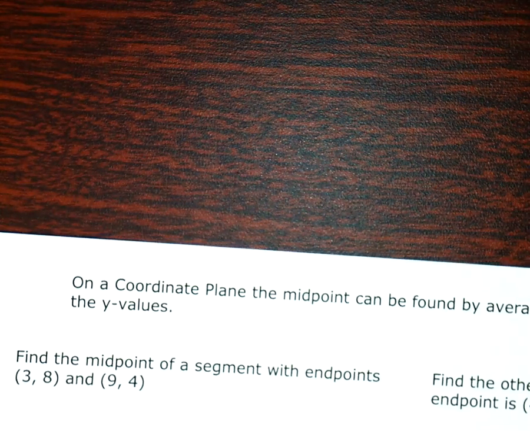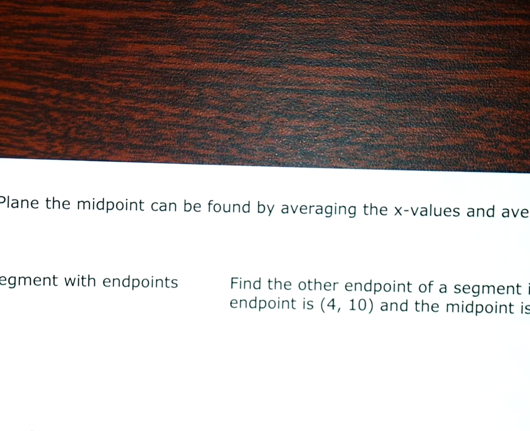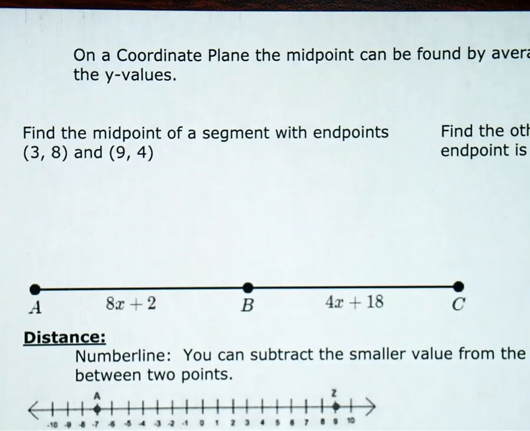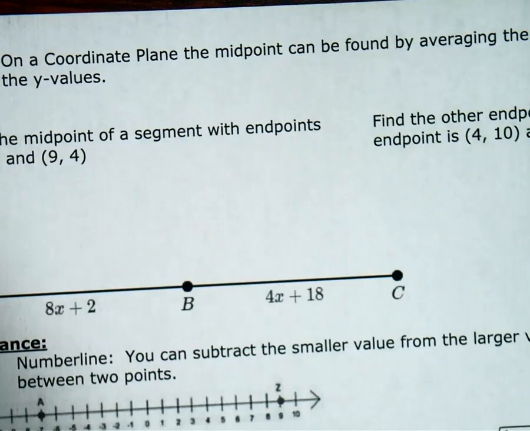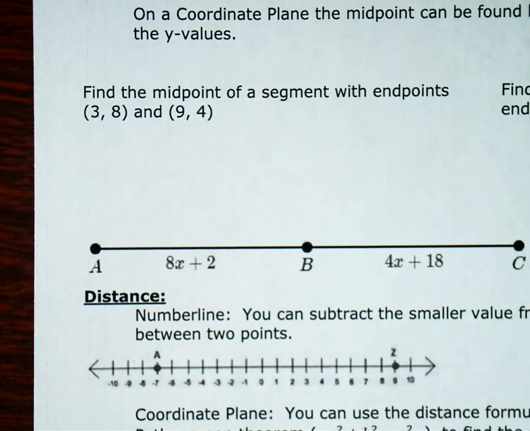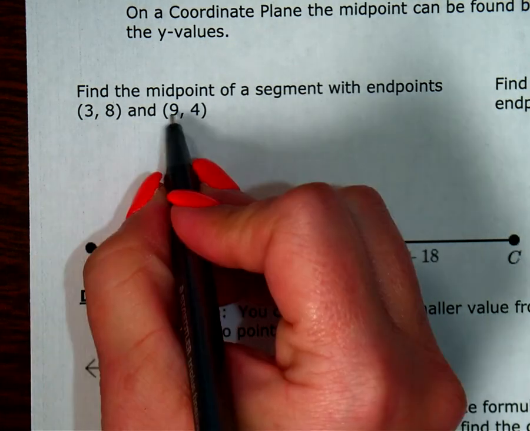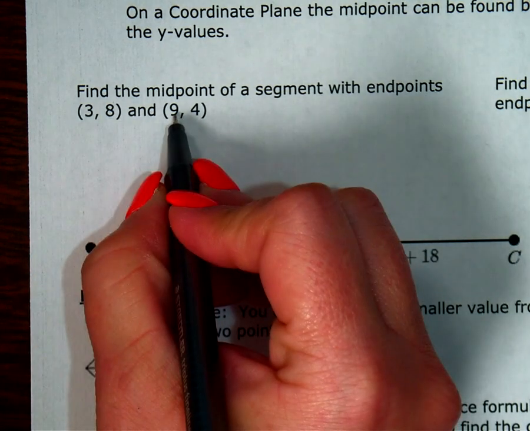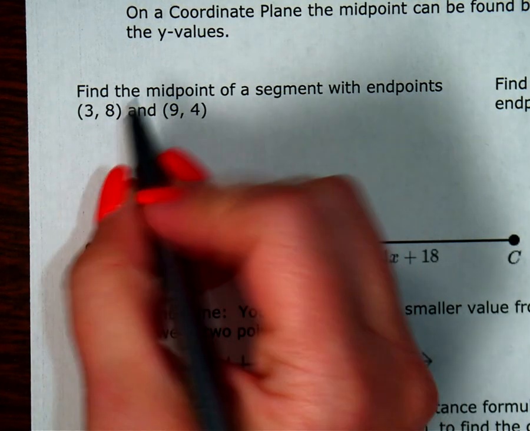We can also look at a coordinate plane. On a coordinate plane, your midpoint is found by averaging your x values and your y values. Okay, we're going to average our x's and our y's. So the midpoint of a segment with endpoints (3, 8) and (9, 4). To average, we just add them together and divide by 2.